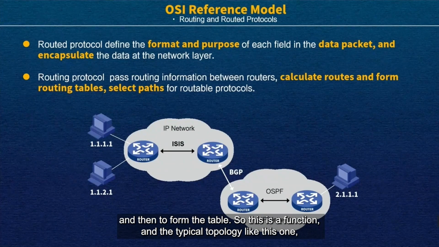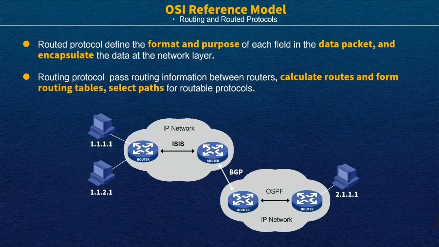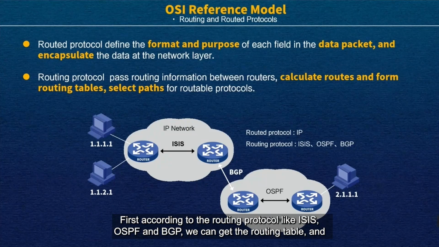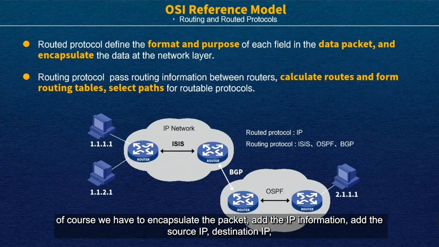And in the typical topology like this one, we have different hosts and between them we have multiple routers, right? First, according to a routing protocol like ISIS, OSPF, and BGP, we can get the routing table. And then we will forward the traffic according to the IP address by searching the routing table. Of course, we have to encapsulate the packets, adding the IP information, the source IP and destination IP.